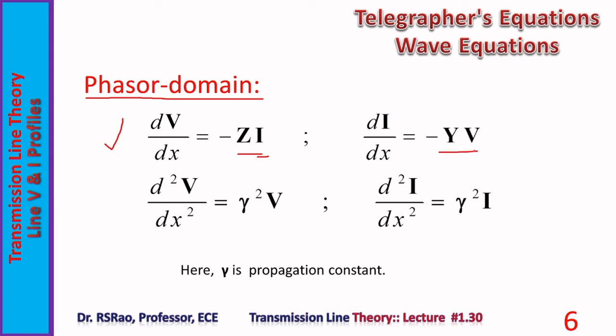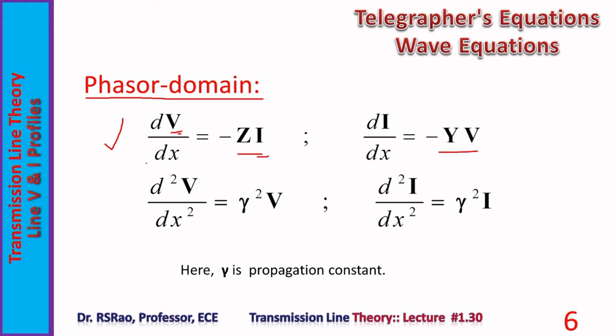Notice in phasor domain equations, it is not partial differentiation, it is ordinary differentiation. That is one aspect. Another aspect is voltages and currents are not instantaneous or time varying voltages and currents.